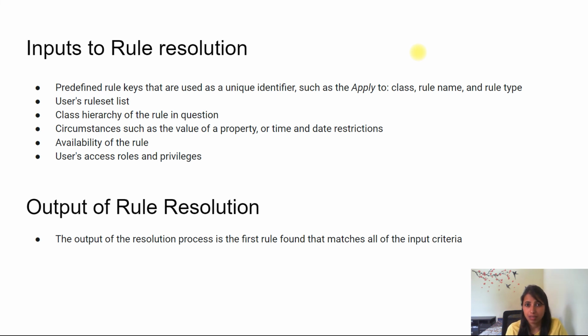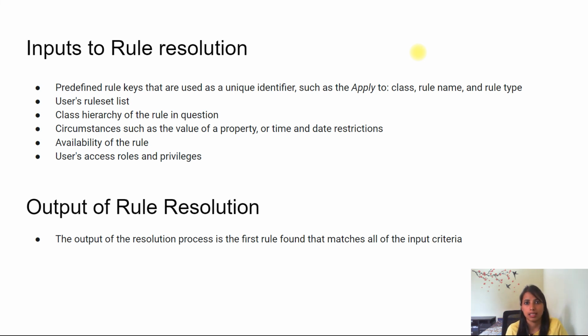The same rule with the same name can be in different classes. Some classes will come up in the hierarchy in which we are executing that rule, and some will not. So we should know the current class and the hierarchy of the rule in question.